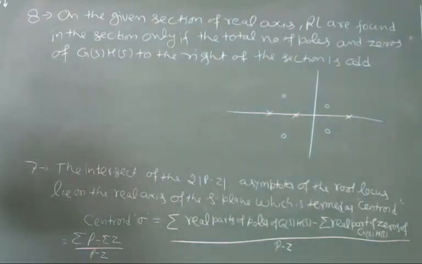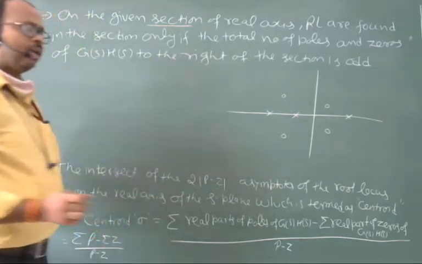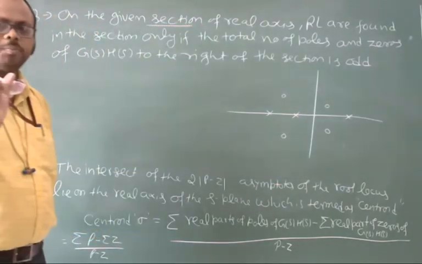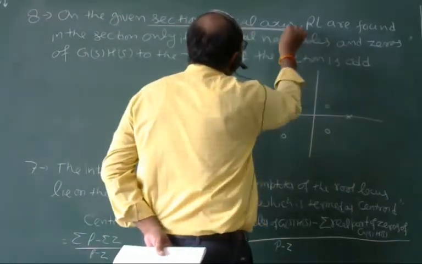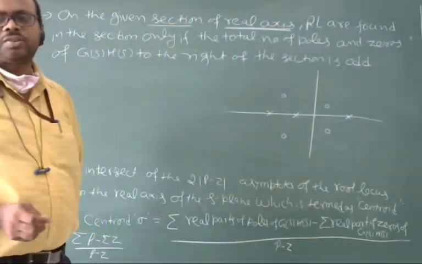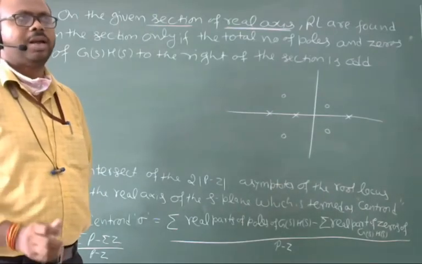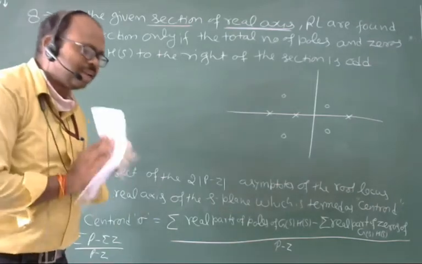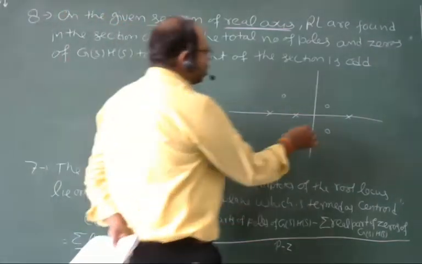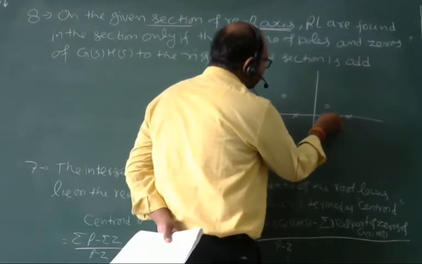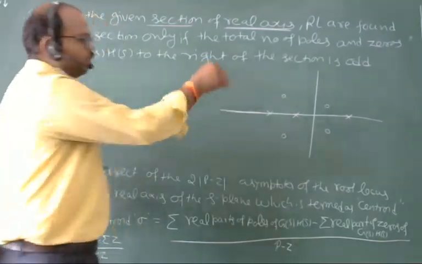Sections can only be taken on the real axis. You can take sections only on the real axis and nowhere else. So on the real axis, this is one section, this is another section, and this is another section.